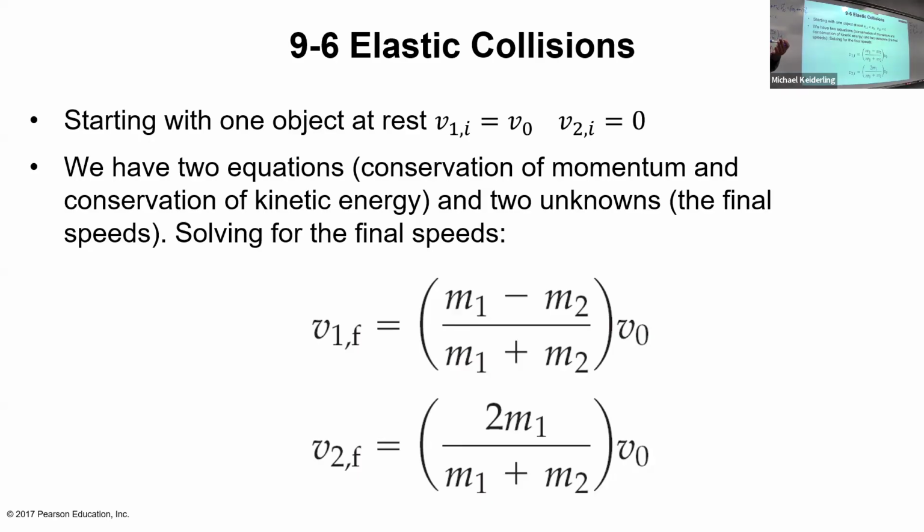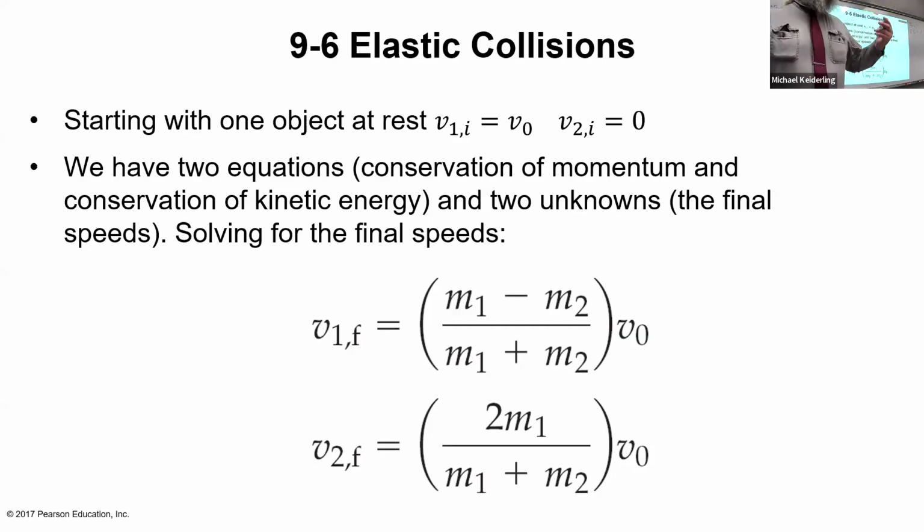So all the problems you're going to have to deal with, you will be able to solve with these equations, because all of them are going to be one object moving, the other one at rest. So you could use conservation of momentum and conservation of kinetic energy and the two unknowns, the final speeds. You could solve that and get these equations.